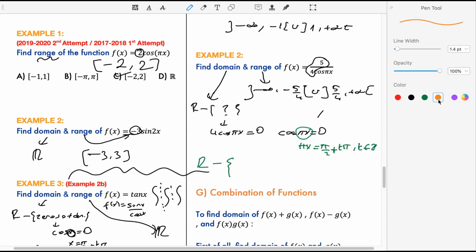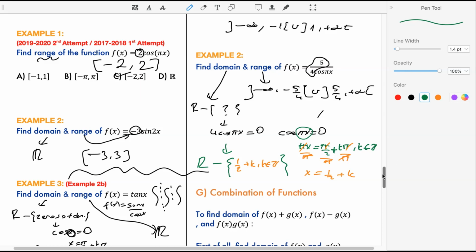Let's get x alone first. I need x alone, so divide everything by pi. Now x is alone: 1 over 2 plus k, since pi and pi cancel. So R minus 1 over 2 plus k, when k is an integer, is the domain of this function.